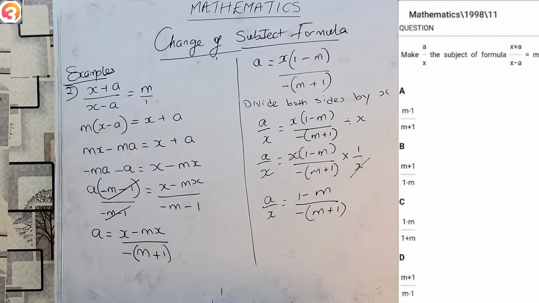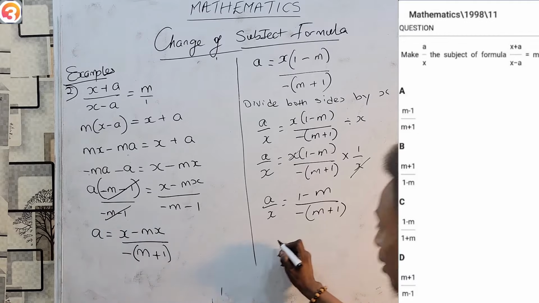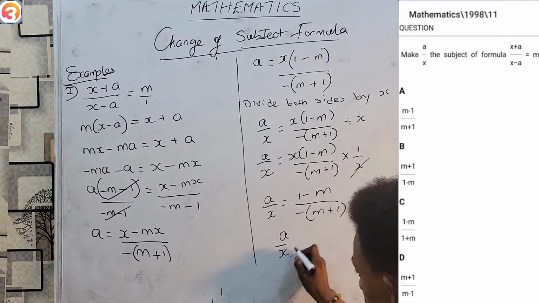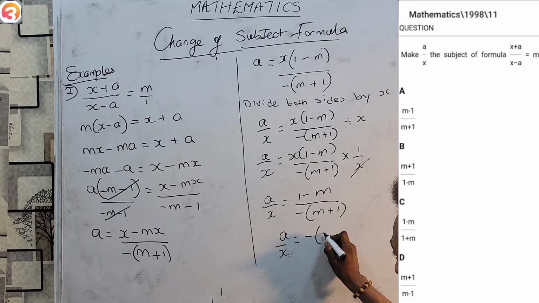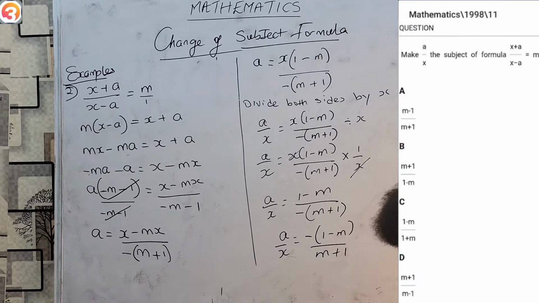I cannot leave minus outside my bracket. And yet, no single one is having both the numbers down as negative. That means what I would do here is take my minus up to the numerator by saying a over x equals minus into 1 minus m over m plus 1.